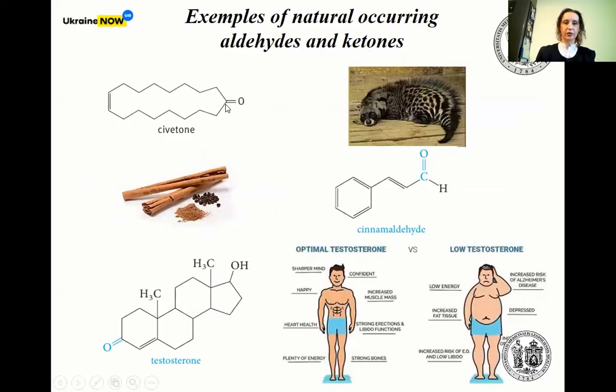For example, this compound, civetone, is responsible for the musky odor of this animal, the civet. Cinnamaldehyde is responsible for the odor of cinnamon. And here we have an example of a sex hormone, the male hormone testosterone. And here you can see a picture of a man with optimal testosterone level and a person with low testosterone level.